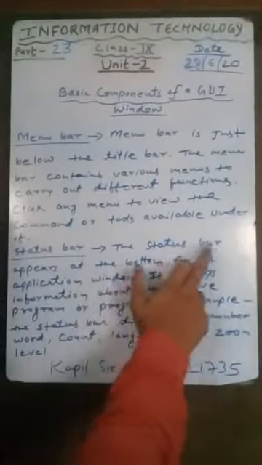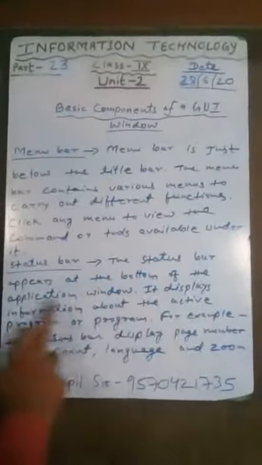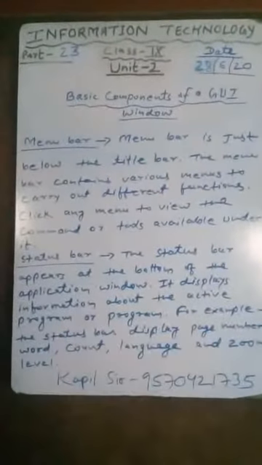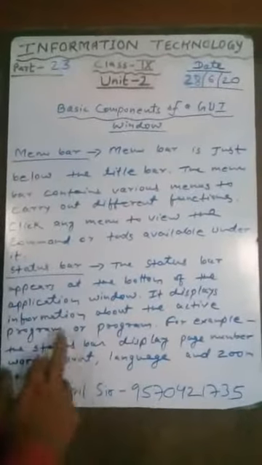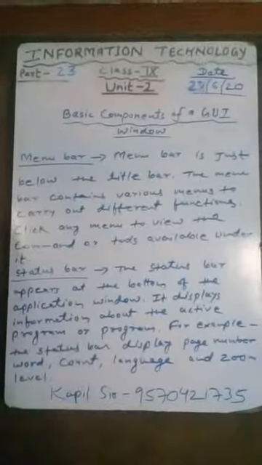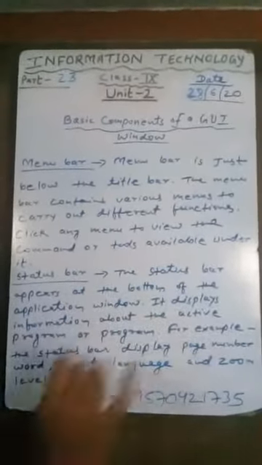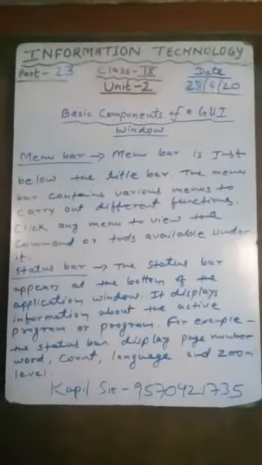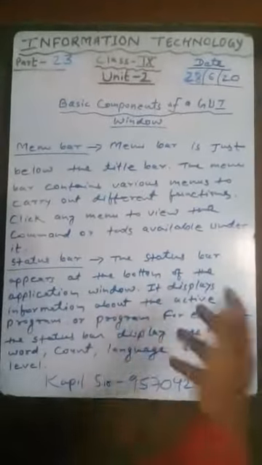The status bar appears at the bottom of the application window. It displays information about the active program or different types of programs.